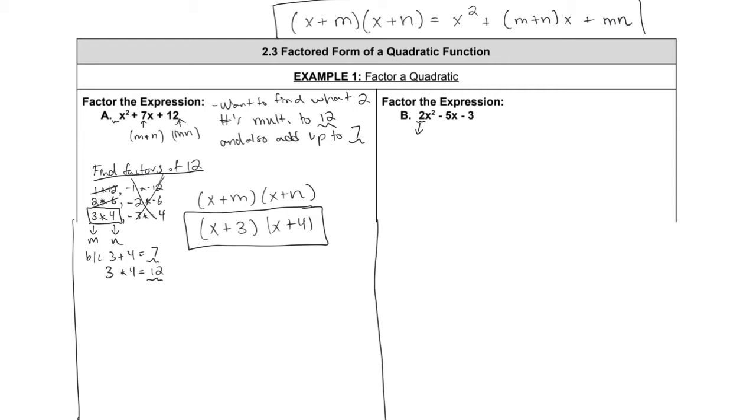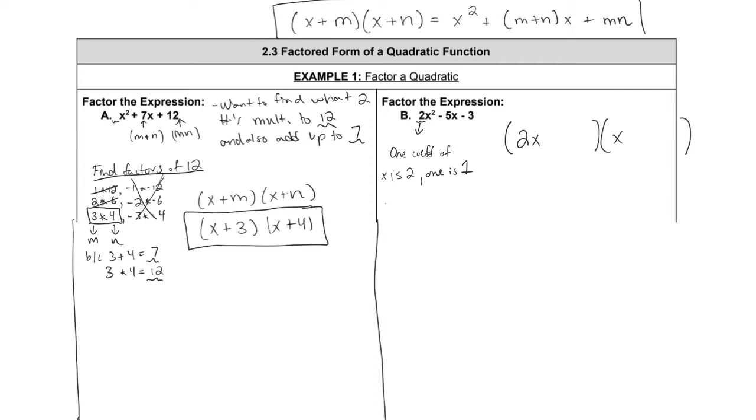Because it's 2, that means one coefficient of x is going to be 2 and one coefficient is 1, because 2 times 1 gives you 2x squared. So we're looking for something with a 2x and an x.